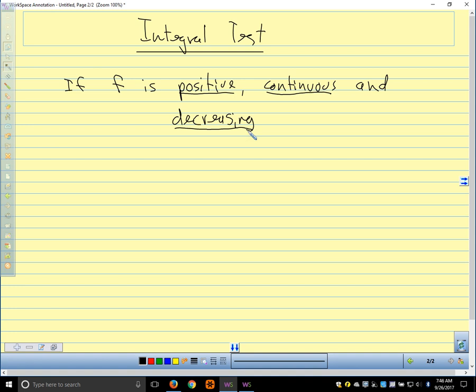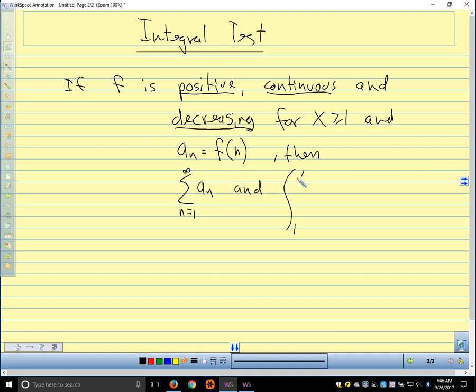That decreasing part is what students often forget that we need to take care of. For x greater than or equal to 1. And we can associate terms of a sequence with a function value. Then the sum from n equals 1 to infinity of a sub n and the integral from 1 to infinity of f of x dx either both converge or both diverge.